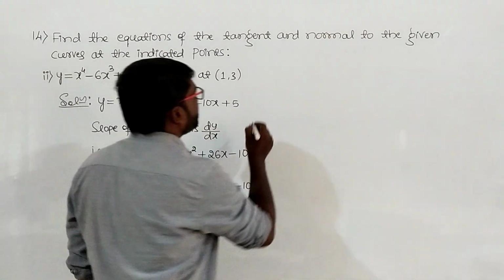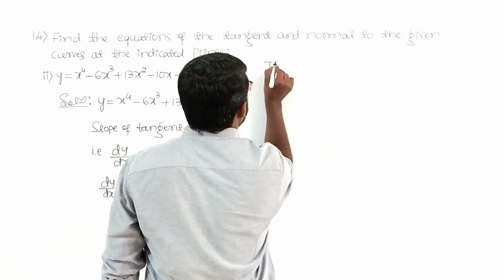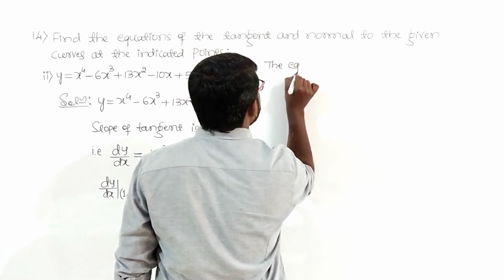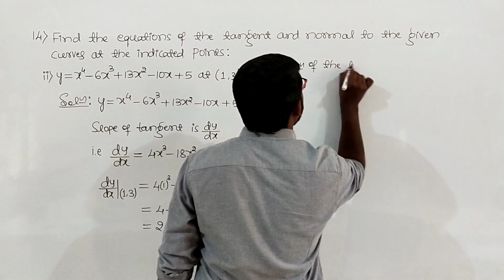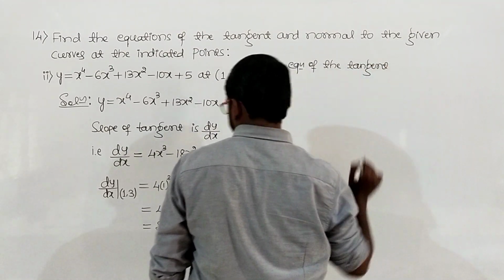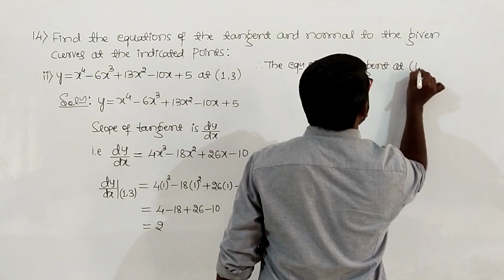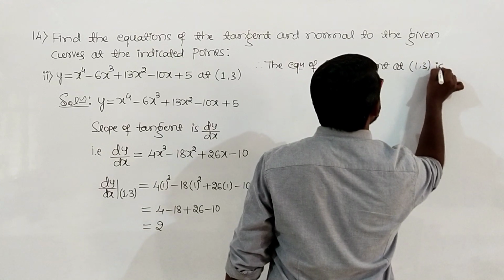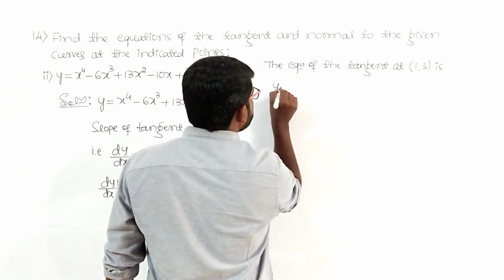Let us write the equation of the tangent at (1, 3). It is y minus y naught.